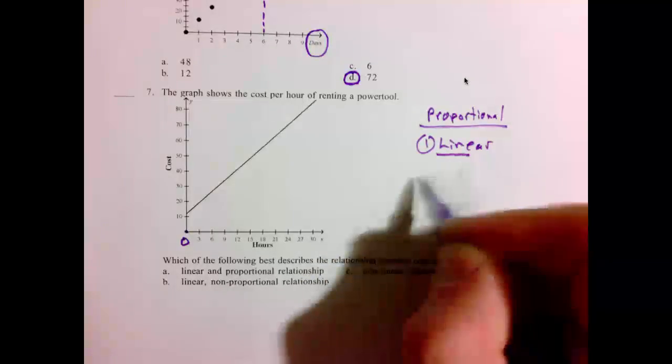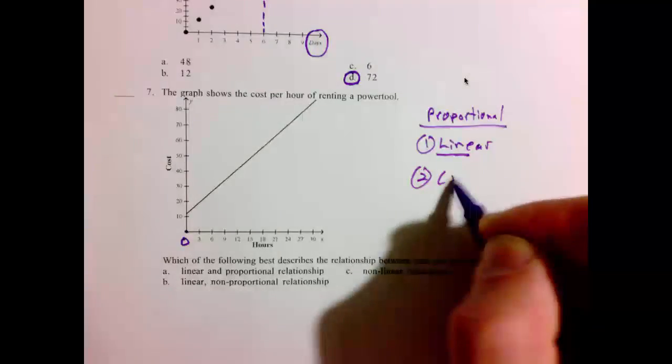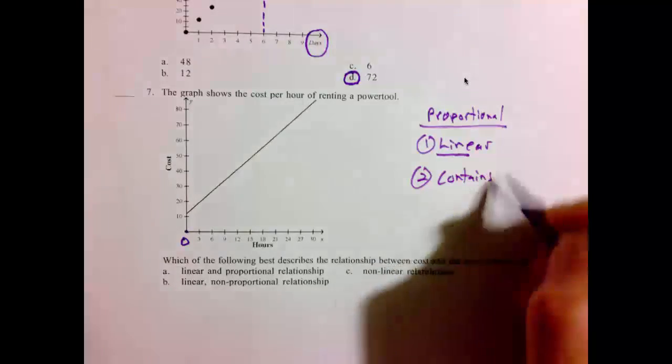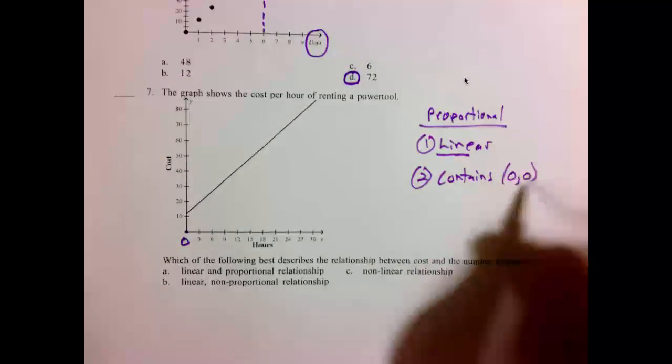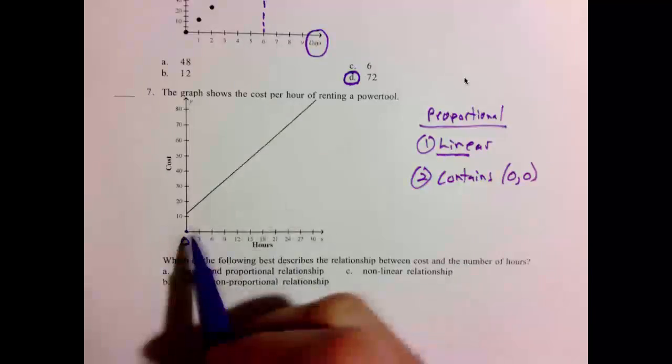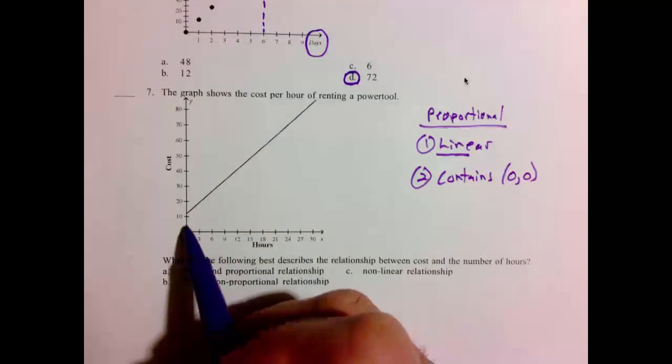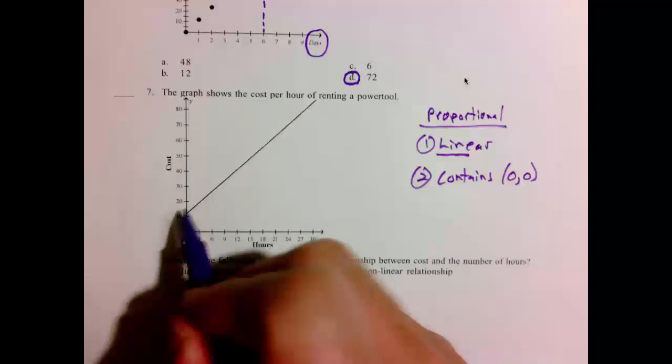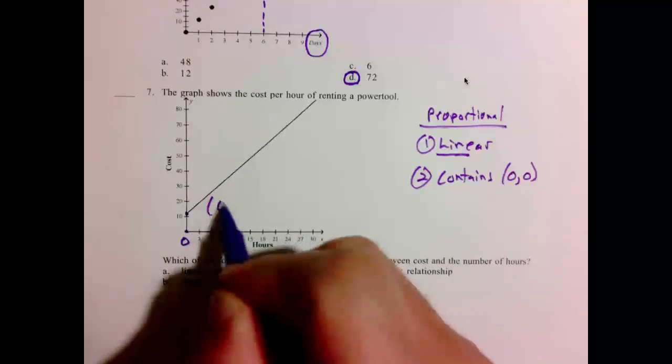One, it was linear, that is a straight line, and 2, it contains one particular point, 0, 0. In this case, this does not contain 0, 0. It contains 0 goes to about 12. Here, 0 goes to 12.